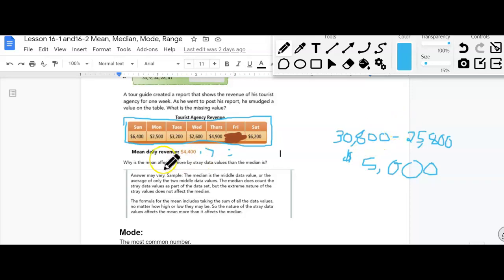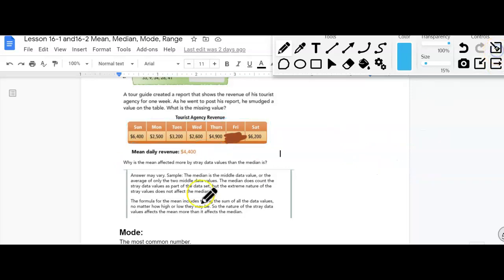Okay. This next part. Why is the mean affected more by stray data values than the median is? So first, a stray data value is a data point that is not close to any of the other data points. So an example would be our class averages on a test.